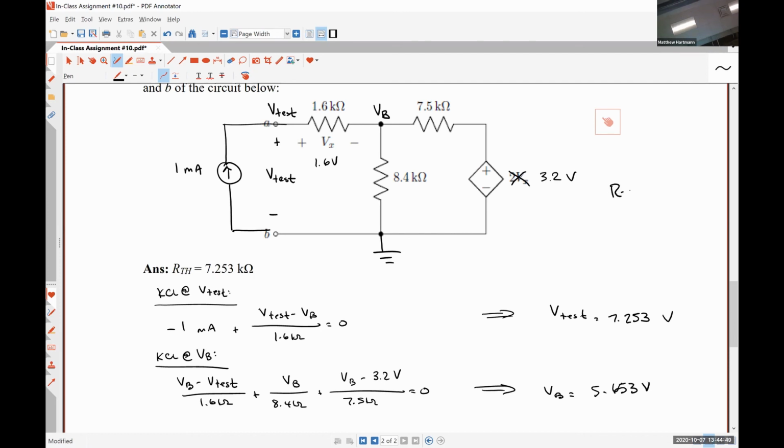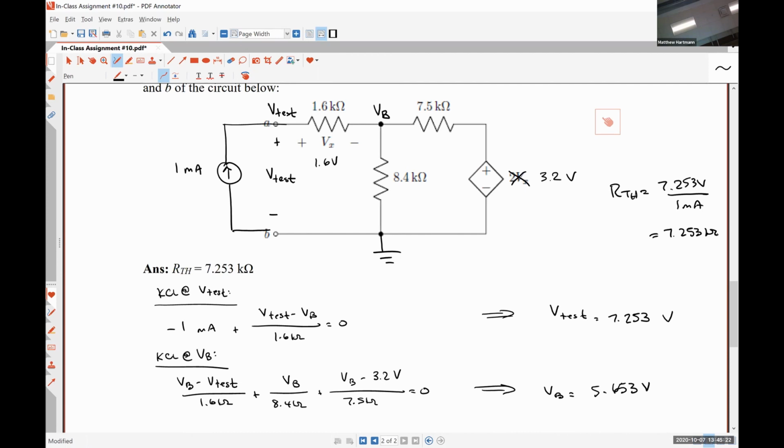Now R Thevenin is 7.253 volts divided by 1 milliamp, which is 7.253 kiloohms. So we worked this problem using two wildly disparate methods, where in one case we applied a voltage source, and in the other case we applied a current source, and we came out with the exact same number.